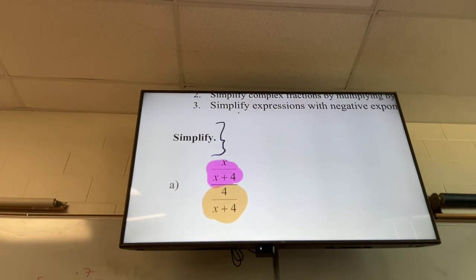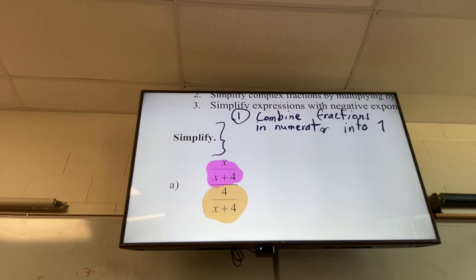So the first step in simplifying these is you combine the fractions in the numerator into one. Second step is you combine the fractions in the denominator into one.